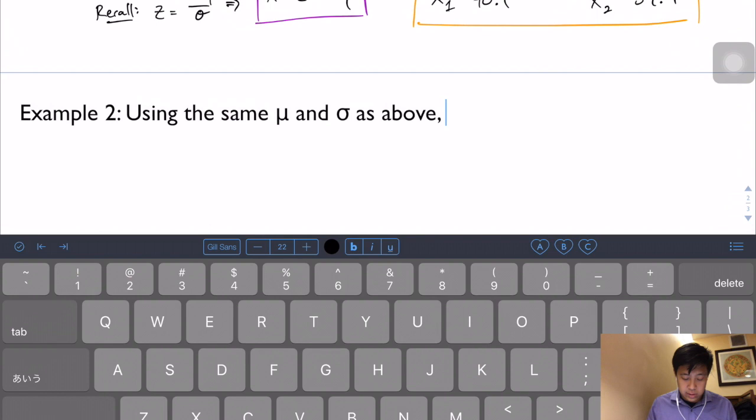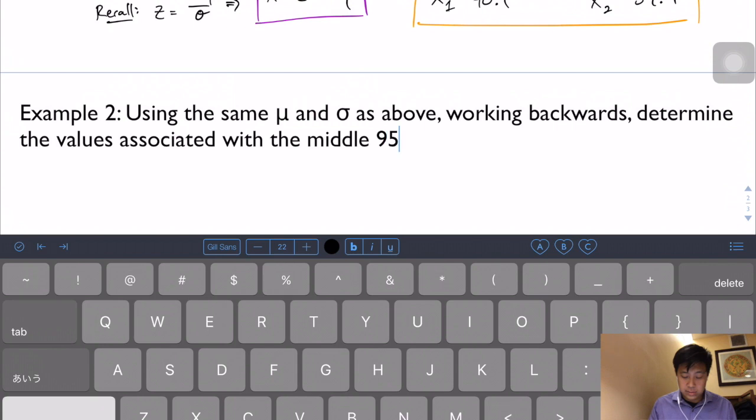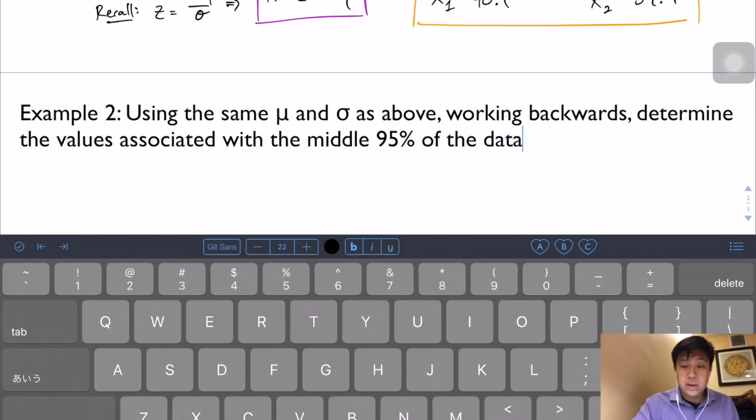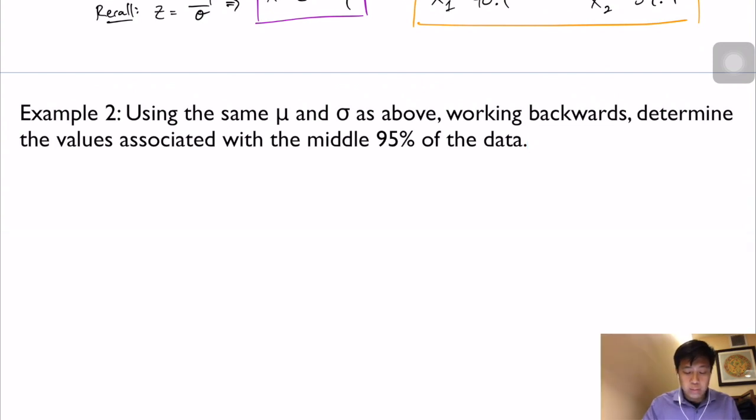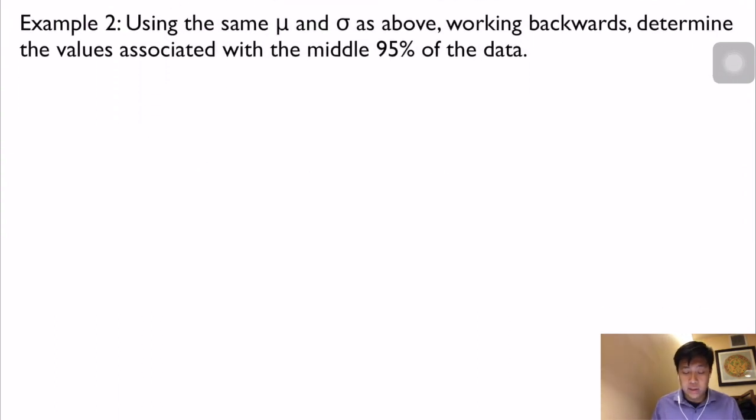Working backwards, determine the values associated with the middle 95% of the data. Again, this is already familiar with what we've done so far, so now we can move a lot quicker, but without starting with underlining or writing down what we know. Again, this is working backwards, and we have the middle 95%. Drawing a quick picture here.